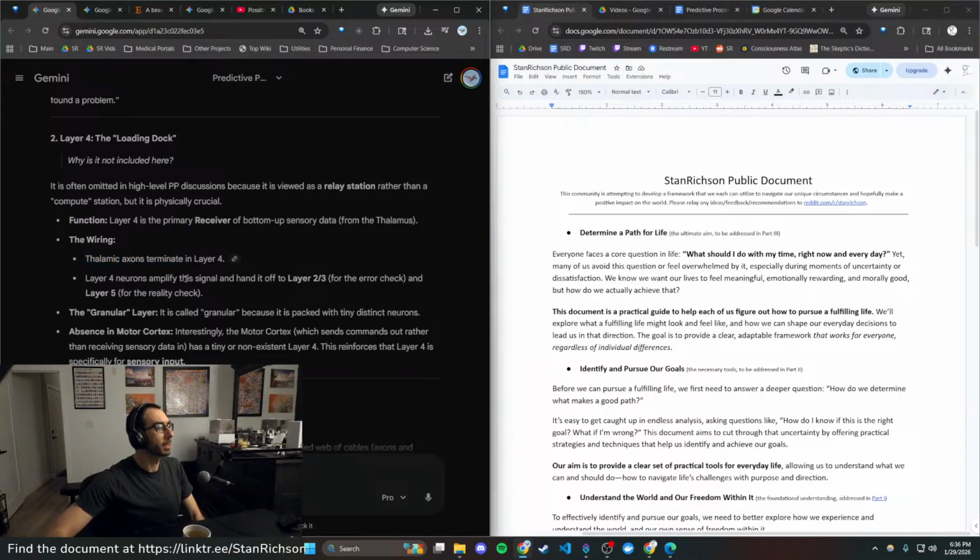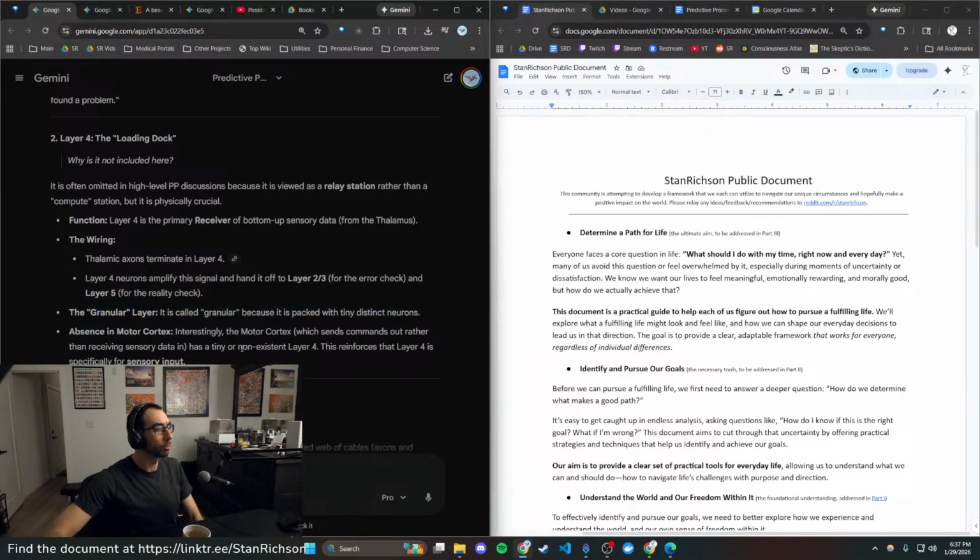Thalamic axons terminate in layer 4. Okay, so layer 4 is where the global workspace connects to the cortical local networks. Layer 4 neurons amplify this signal and hand it off to layer 2-3 for the error check and layer 5 for the reality check.